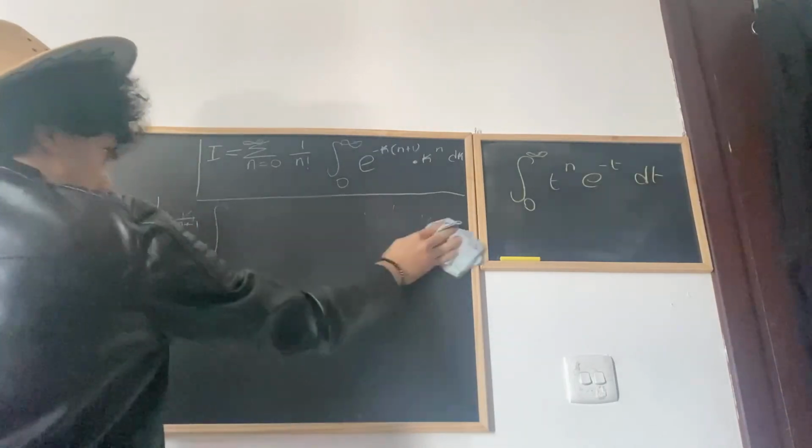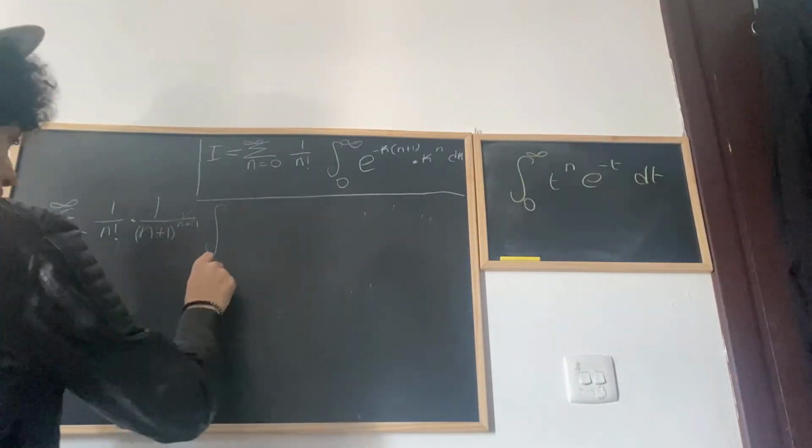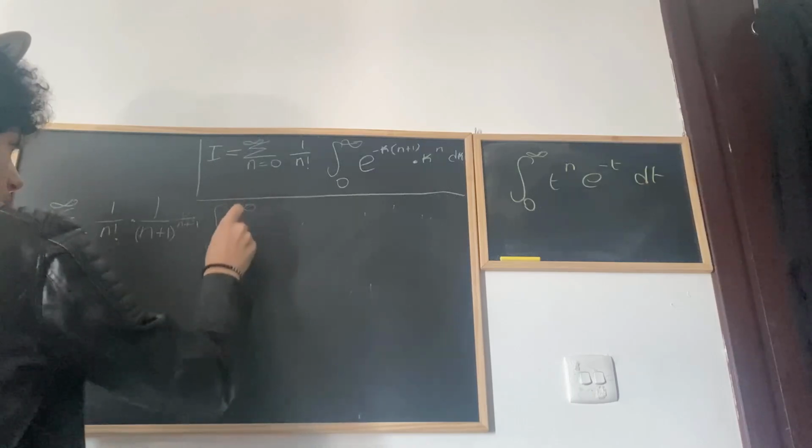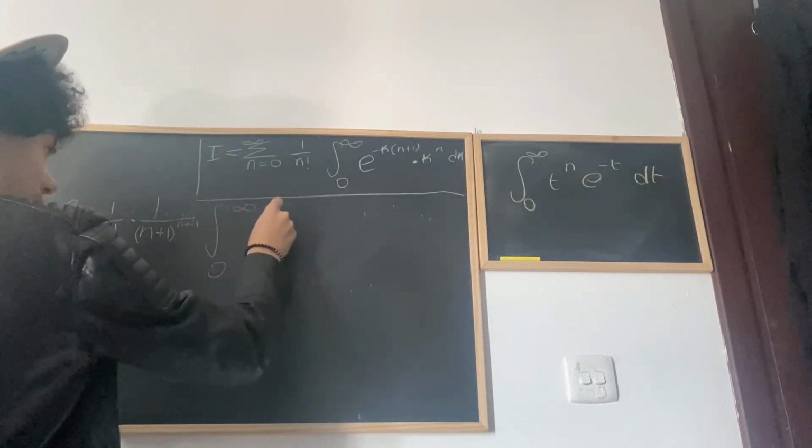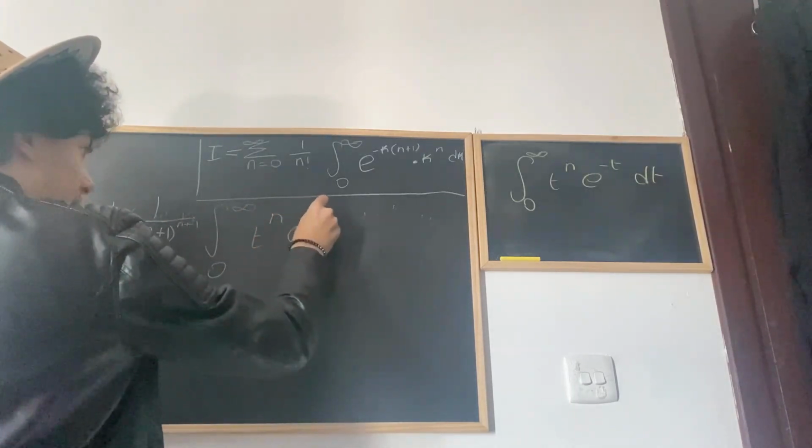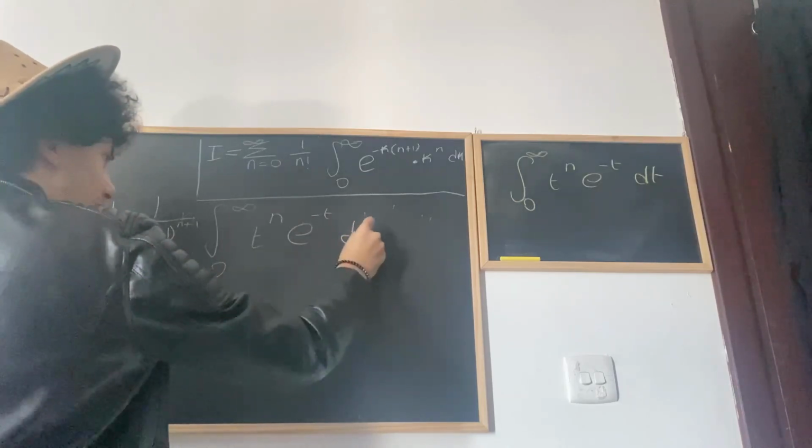Let me show you. It's in this form now. From 0 to infinity of t to the n multiplied by e to the negative t dt.